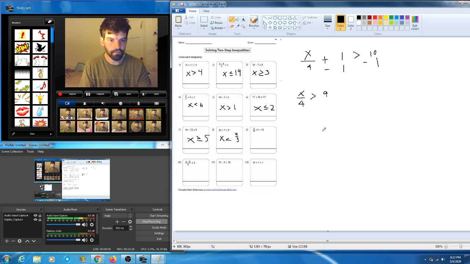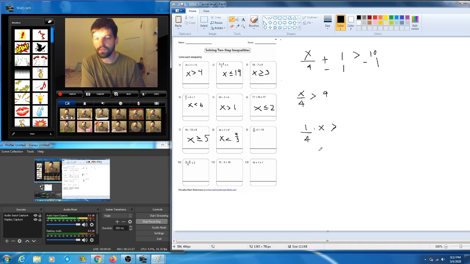Essentially, just to show you what x/4 is, it's basically 1/4 times x. And when we are dealing with fractions at this point in mathematics, we don't like to divide by fractions. We can make our lives a lot easier by doing what's called multiplying by the reciprocal, which still is multiplying by the inverse. So because this 1/4 is essentially being multiplied by x, we would normally do the inverse, which is dividing by 1/4.